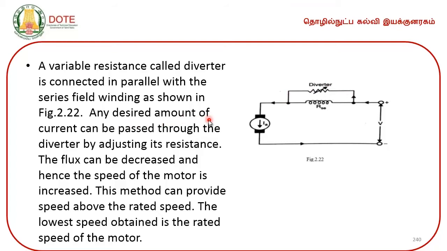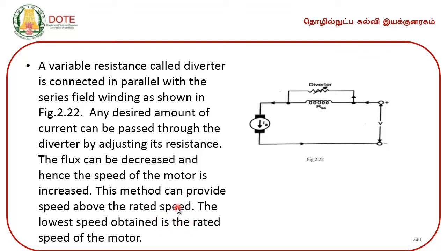Any desired amount of current can be passed through the diverter by adjusting its resistance. The flux can be decreased and hence the speed of the motor is increased. This method can provide speed above the rated speed. The lowest speed obtained is the rated speed of the motor.